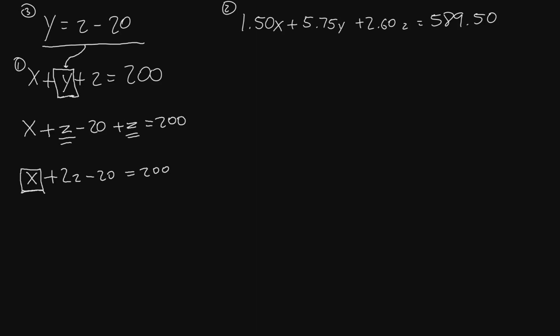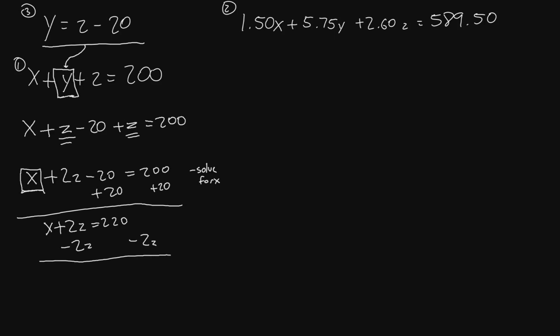Let's try to solve for X now. If we do this, we'll have an expression that is equal to X and is in terms of Z. So now let's add 20 to both sides. This will give us X plus 2Z equals 220. And now subtract the 2Z from both sides. This cancels out the Z and gives us X equals 220 minus 2Z.